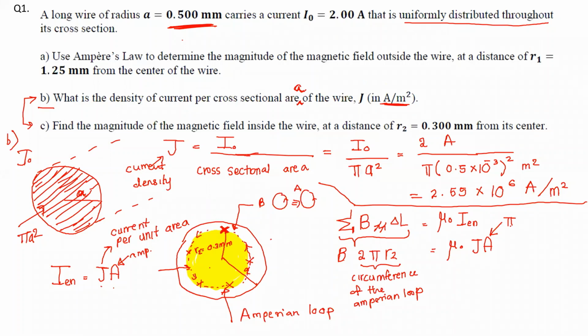The area of the Amperian loop, pi R2 squared, because I am interested in this highlighted area. So if I rewrite this nicely, mu naught J times A, where A is pi R2 squared, divided by 2 pi R2.